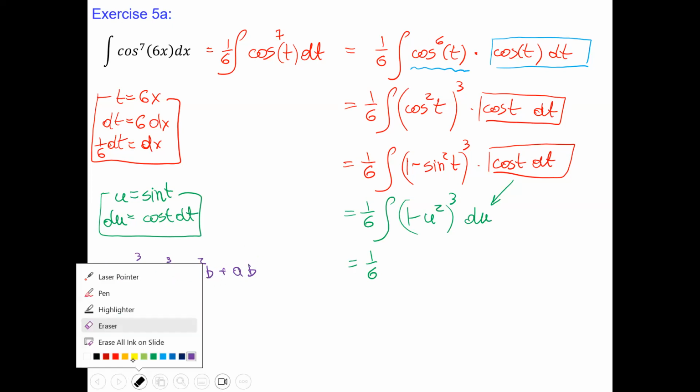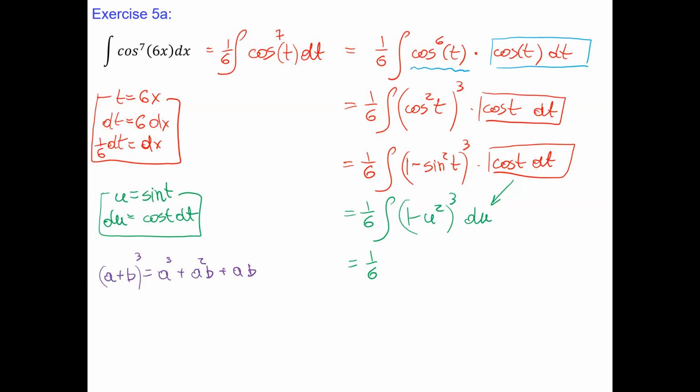Not cube, I am decreasing. Yes, you can see I'm decreasing: a cubed, a squared, a to the power of 1, and then a to the power of 0. But now let's correct b: b to the power of 0, which is 1, b to the power of 1, b to the power of 2, b to the power of 3. We can see the pattern.